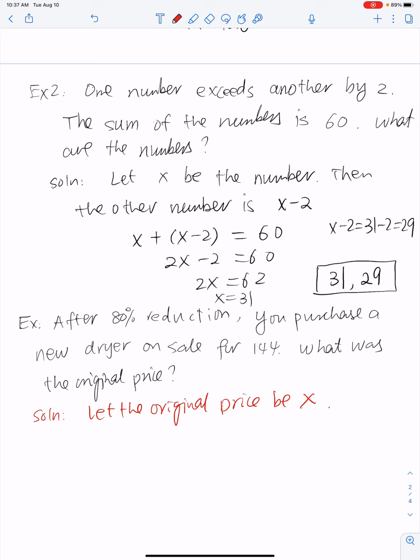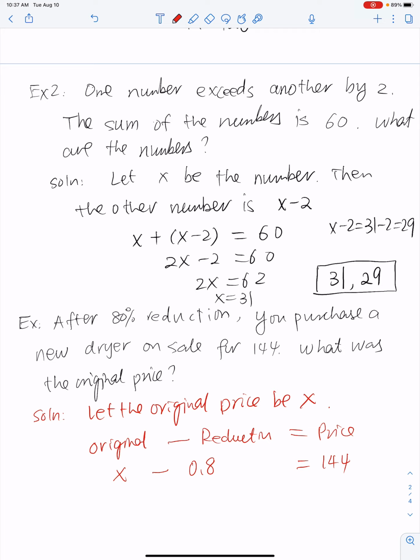You purchase a dryer, so what is the relationship? The original minus the reduction equals the price. What do you spend finally? 144. What is the original? x. How much is the reduction? 80% is 0.8, am I right?